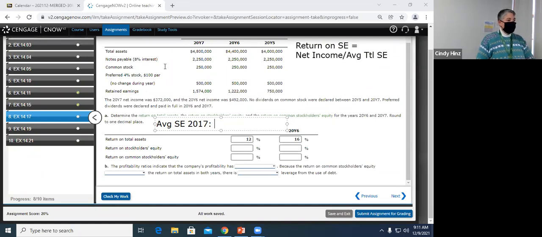So what do we know for stockholders' equity? We have the common stock, we have the preferred stock, and we have retained earnings. All of those are components of stockholders' equity.